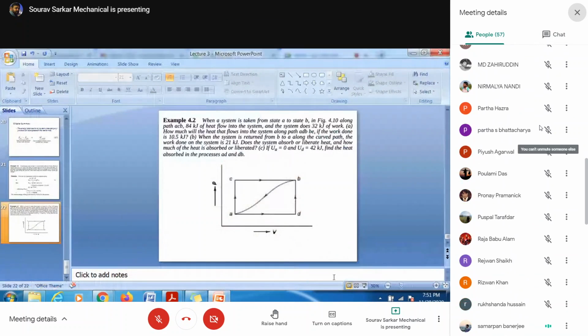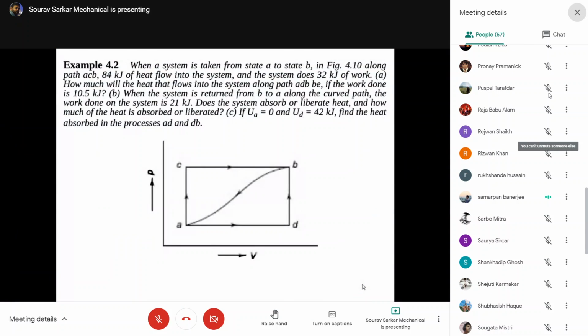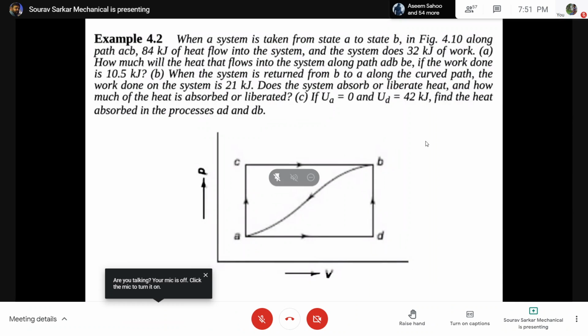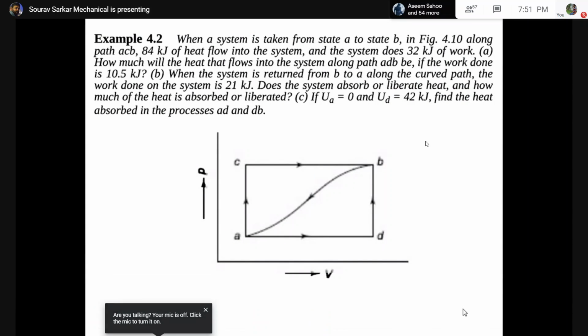And in the last part it is mentioned that the initial internal energy at A is 0. So can we say that the internal energy at B is 52 kilojoule?